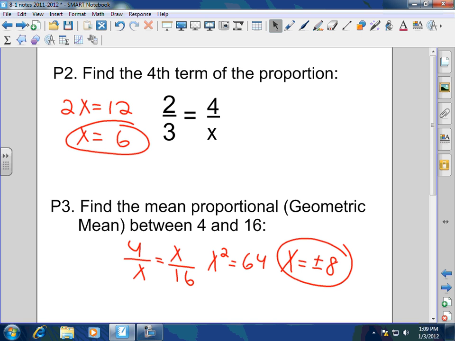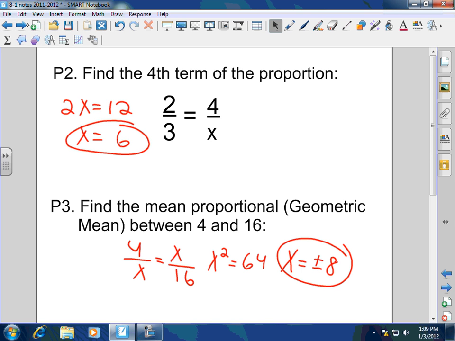Unless we were dealing with a figure. If we're dealing with a figure, you'd have to plug in that negative, because sometimes the side may be x plus 14. So if x was negative 8, well, negative 8 plus 14 is going to be 6. It would be valid.